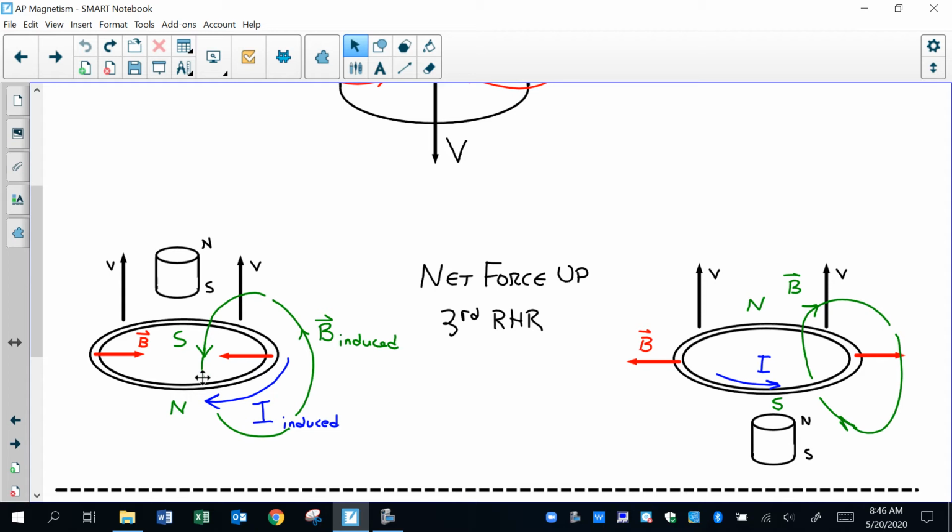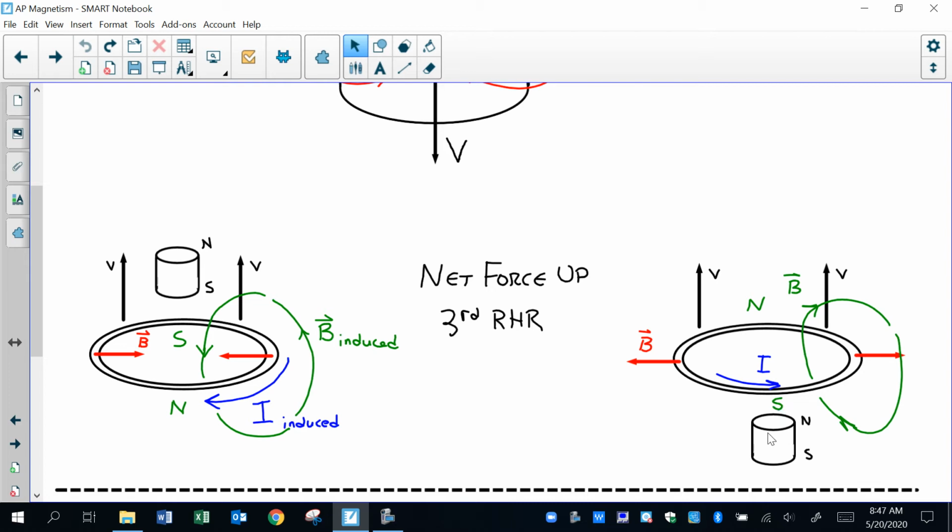What does that mean? It means that this green magnetic field is behaving as if I had a magnet that was south up and north down. What would two souths do? They would oppose each other. When this thing falls through, it reaches a terminal velocity and it seems to just slowly float down instead of accelerating at 9.81.